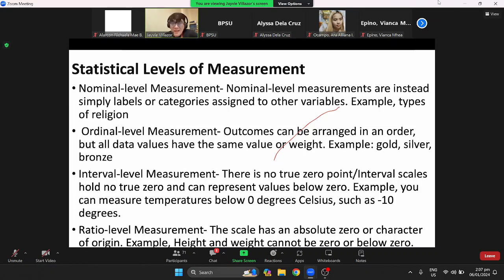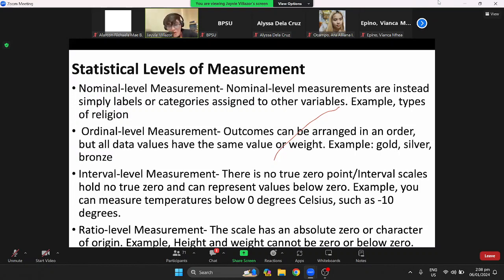Pwede ka maging 5'7", or 5 flat, okay, or 5'5", or 5'6", and then so on and so forth. But you cannot be zero or below zero. Okay? So, ibig sabihin yun, you have an absolute zero or character of origin.